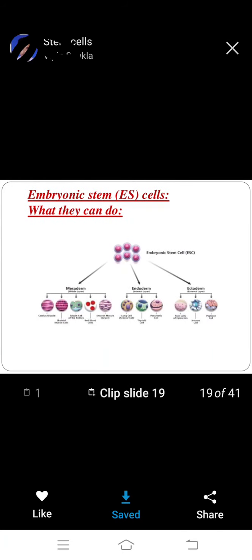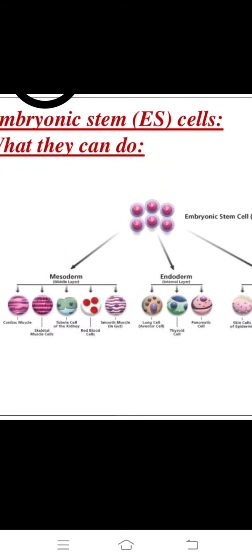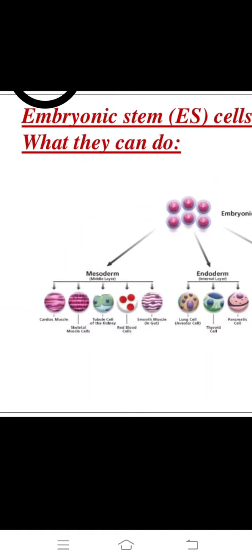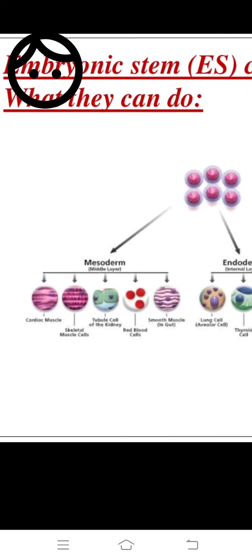Next, what can embryonic stem cells do? First, we observe mesodermal means cardiac muscles and skeletal muscle, like sliding filament movement formation, and tubule cells of the kidney, red blood cells and smooth muscle in gut are mesodermal.